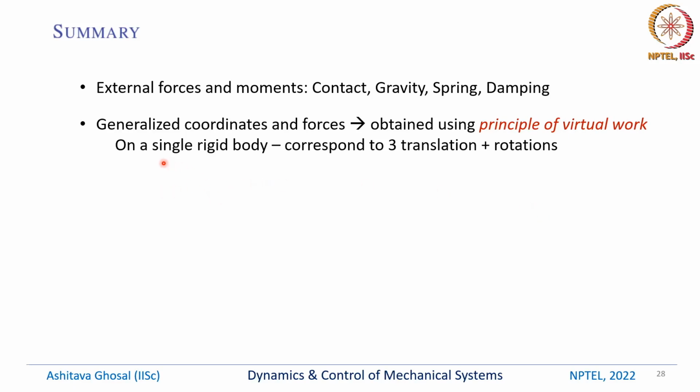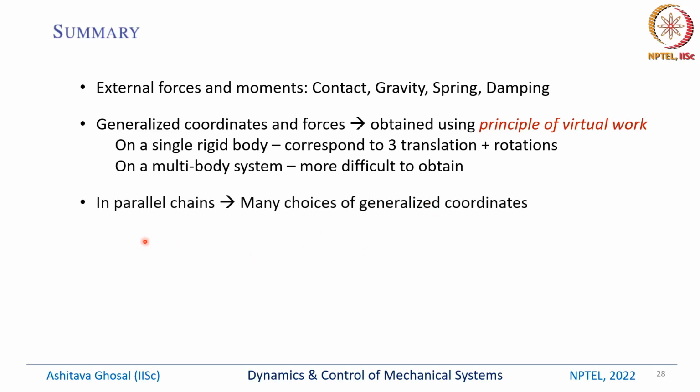On a single rigid body, this corresponds to 3 translations and 3 rotations. On a multi-body system, we could have different coordinates. The generalized coordinates could mean different things. If you have a serial chain, they are the joint variables. If you have a parallel chain, it depends on how you break the parallel chain and how you model the kinematics of the parallel chain, and then we get a different set of generalized coordinates.